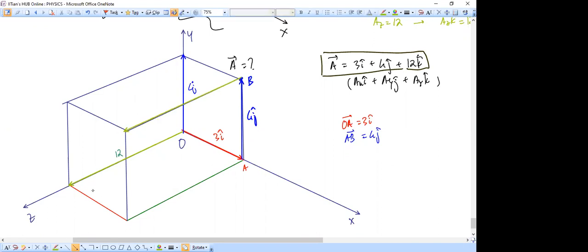So I'll reach this corner. Let's say this corner is C. C is not a vector. Okay. So this is my 12 k cap. The same vector is here. So BC is becoming 12 k cap.